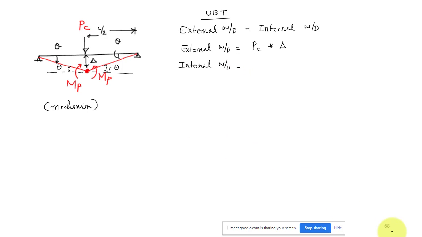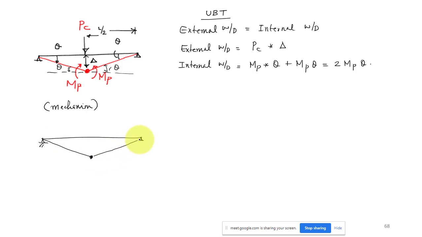The internal work done will be your plastic moment into theta: MP theta here and MP theta here. So it will be MP into theta plus MP into theta, so you can write 2 times MP theta. Why are we taking two sides? Only for this problem, I will explain that. This is my mechanism, this is the first member, and this is the second segment.